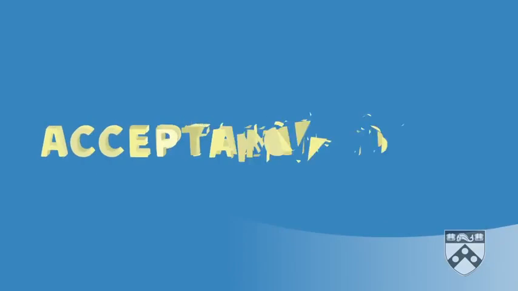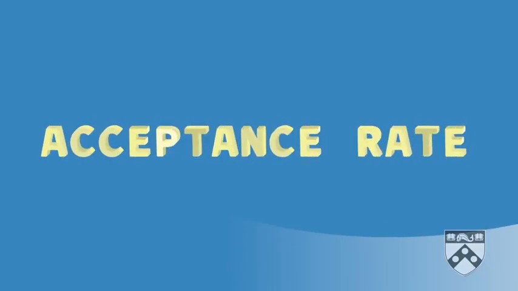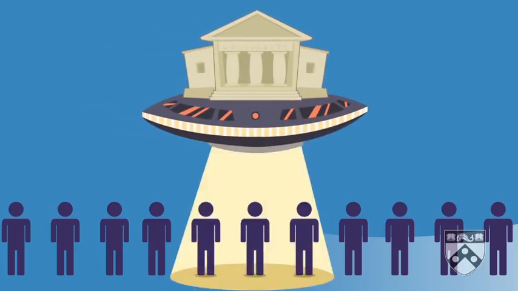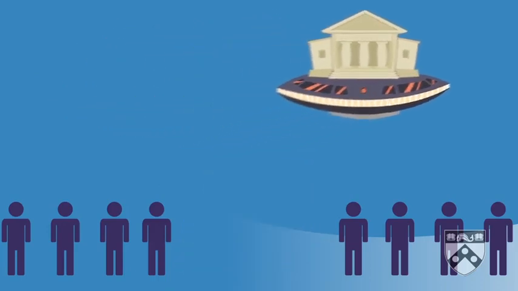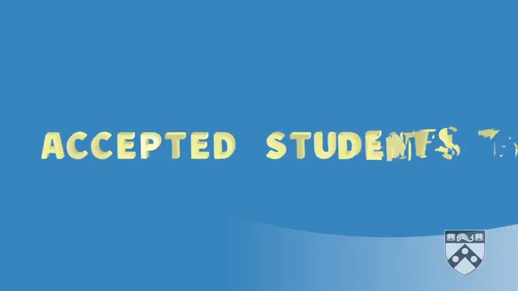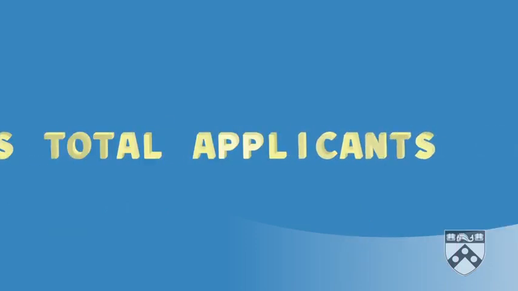You're also going to find what is known as acceptance rate. The acceptance rate refers back to that idea of selectivity, and it is very literally the percentage of the applicants who were accepted. The number of accepted students divided by the number of total applicants.